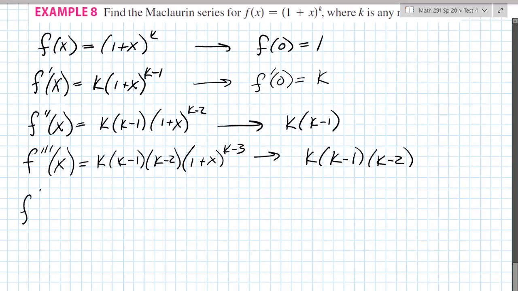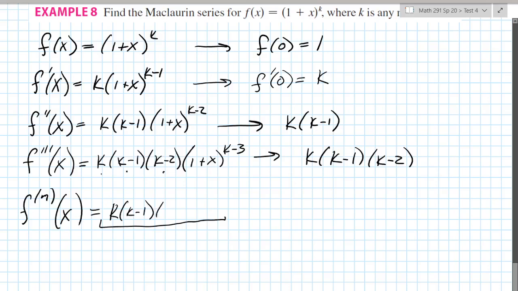So the nth derivative, notice we've got 1, 2, 3 of those. So we want n of them here. So k minus 1, k minus 2, dot, dot, dot, k minus n.